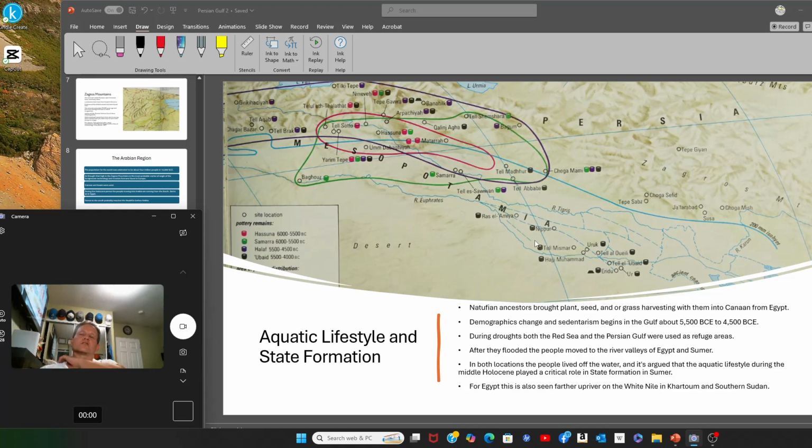I think he calls it a civilization. He says the most powerful civilization is an aquatic civilization that lives upriver on the White Nile in Sudan, like South Sudan area. And that's the same thing that they're saying is in Sumer as well. And then it played a role in state formation.